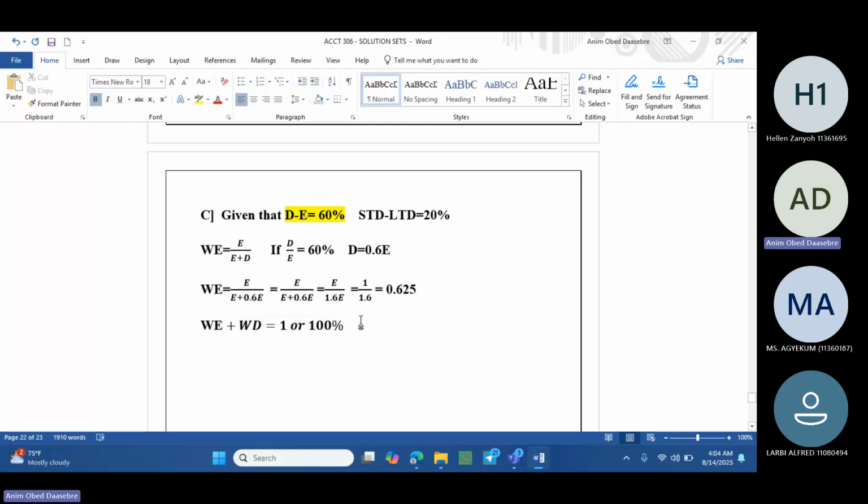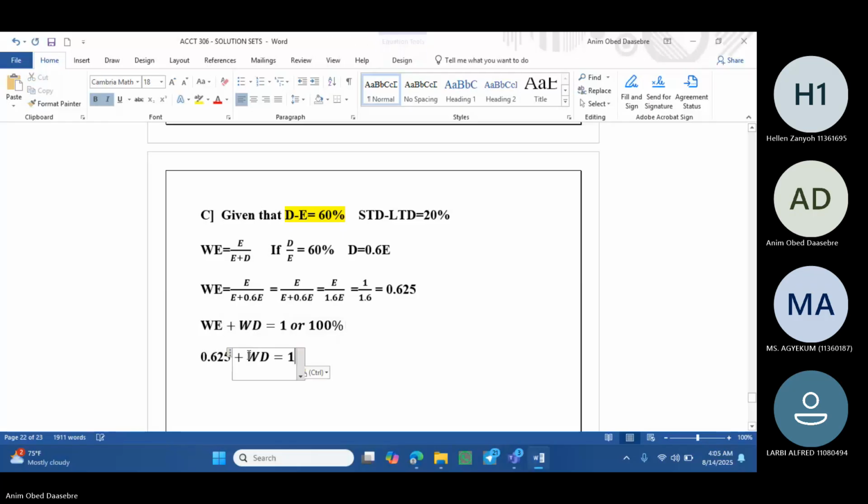Then we have the weight of equity to be 0.625. Then what will be our weight of debt?